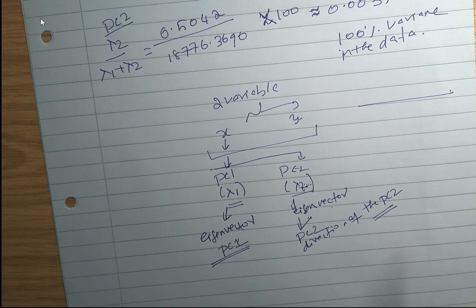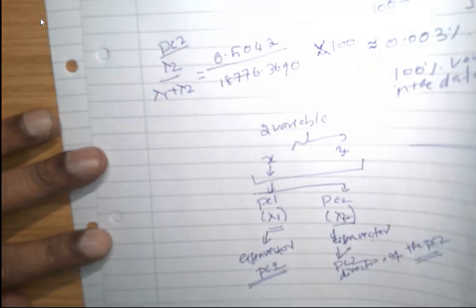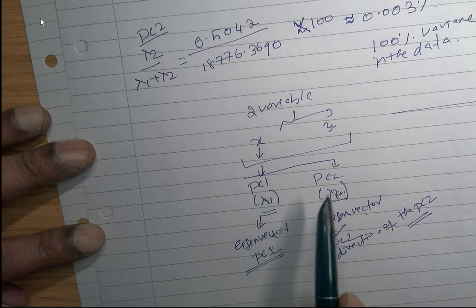Again we have to apply a mathematical formula to get the eigenvectors. I am going to first calculate the eigenvector for lambda 1 and then for lambda 2.